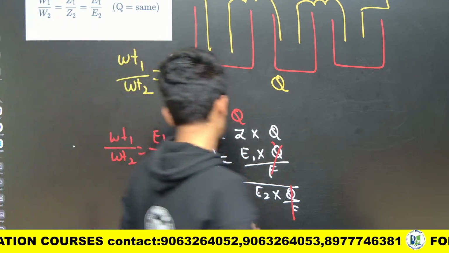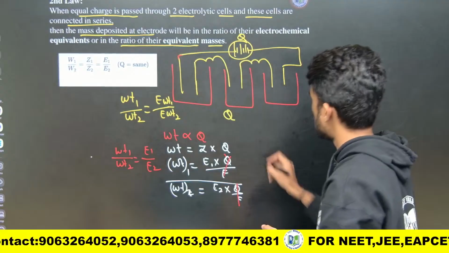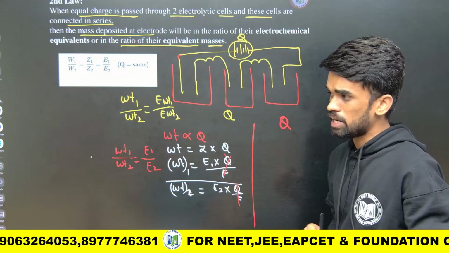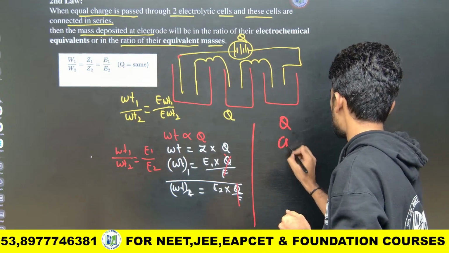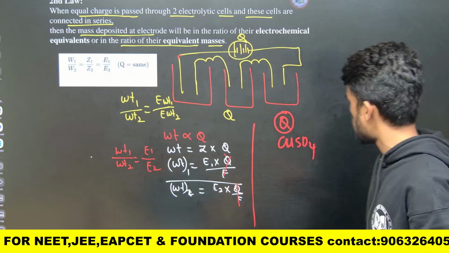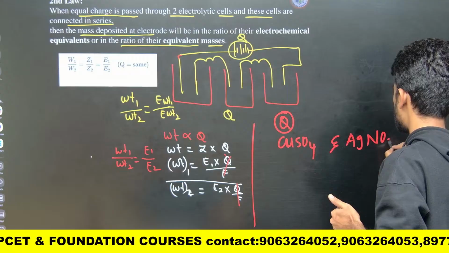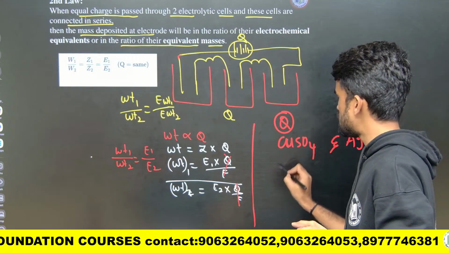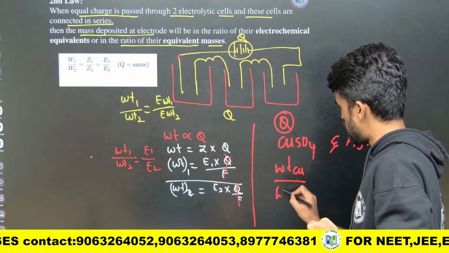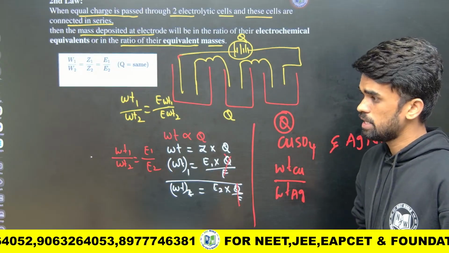Like this only we need to understand. Now I will give you one simple question, and based on that you answer me. When the same quantity Q of charge is passed through copper sulfate solution and silver nitrate solution, what is the ratio of the weight of copper to the weight of silver deposited at the cathodes?